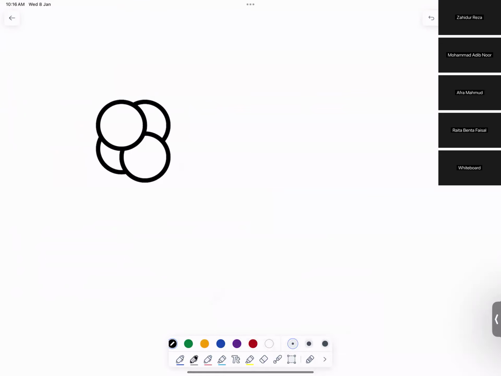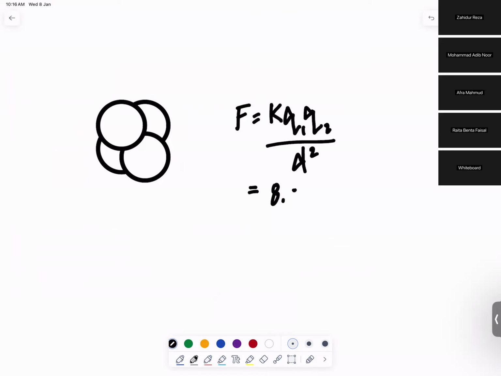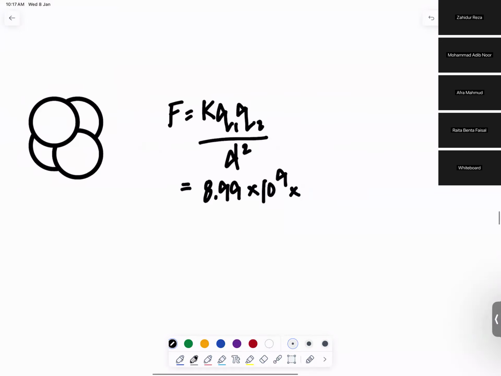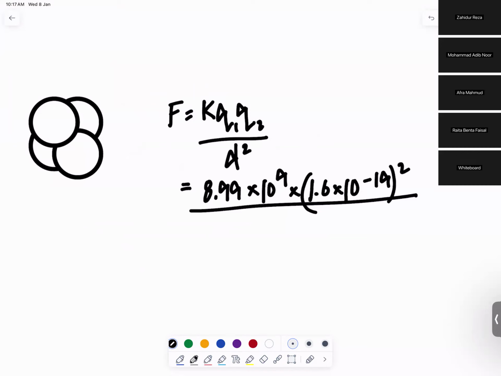You should be able to figure this out because you know how to find the repulsion between charges, using F equals k Q1 Q2 divided by d squared. In the nucleus, your k is 8.99 × 10^9, the charge of your proton is 1.6 × 10^-19, squared, divided by the distance of separation.